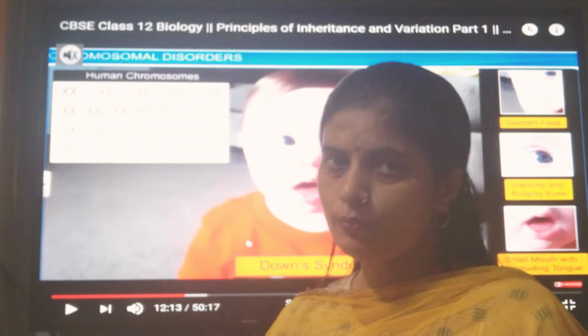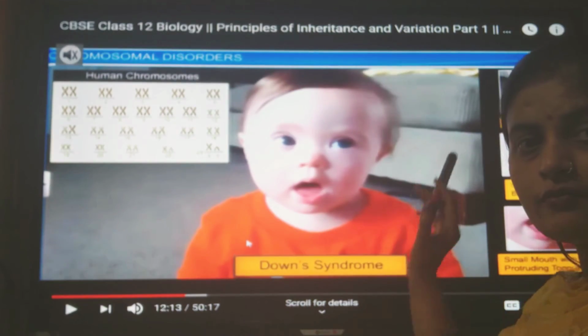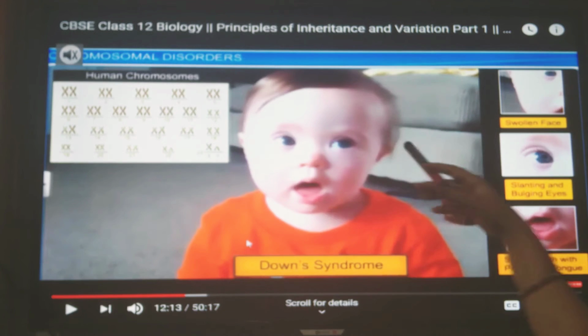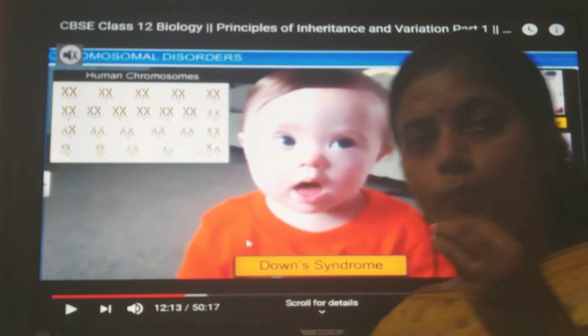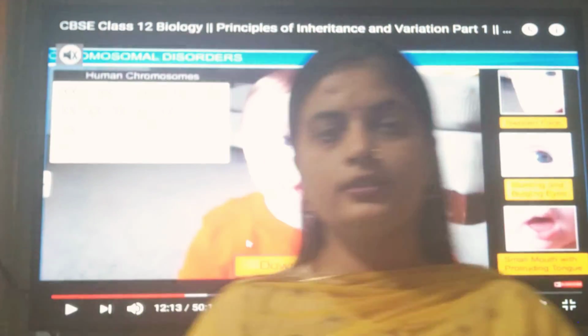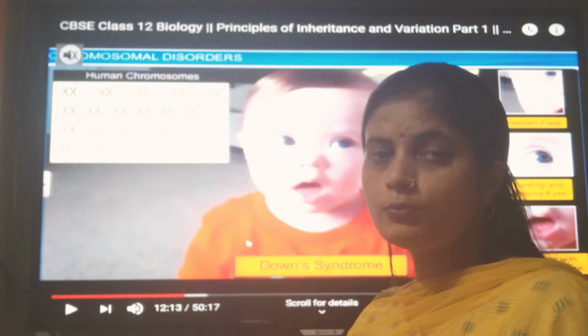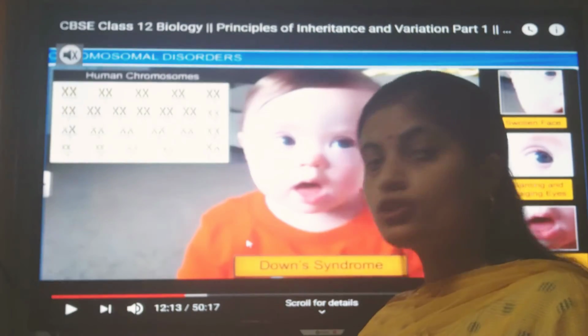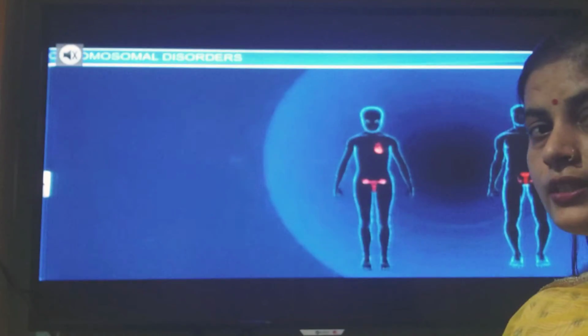But in the case of Down syndrome, we see various features like a swollen face, slanting and bulging eyes, and a small open mouth with a protruding tongue, mentioned in this portion. So what is it showing? It is showing a chromosomal disorder. But how is it showing a chromosomal disorder? Let us see what is special.